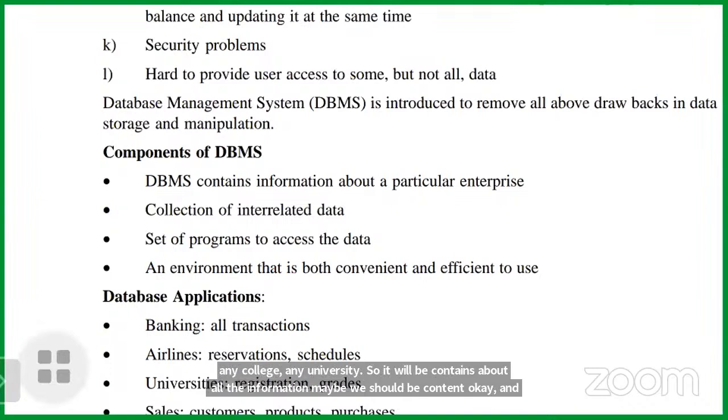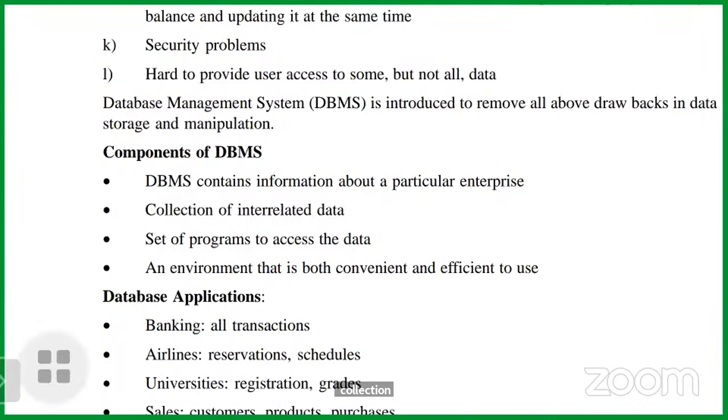For example, in one company we are maintaining the database, I mean the DBMS. So what does interrelated mean? In that company, many departments are there, and each department will have a connection with the others. All are related to each other and intercommunicate with each other. Next we have a set of programs to access the data.